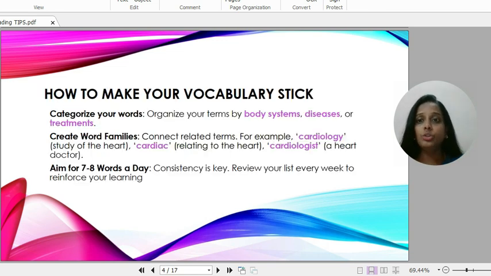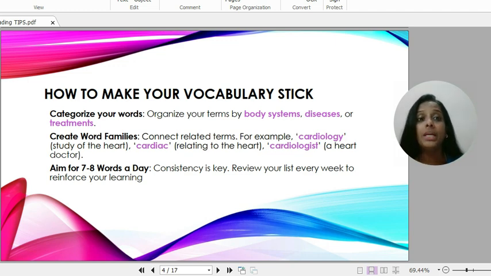Now I'm going to tell you how to make your vocabulary stick. You need to organize your terms by body systems, diseases, or treatments. You can categorize your words based on different types. It can be by body systems, diseases, or treatments. Categorizing medical terms makes it easier to recall and connect related concepts.